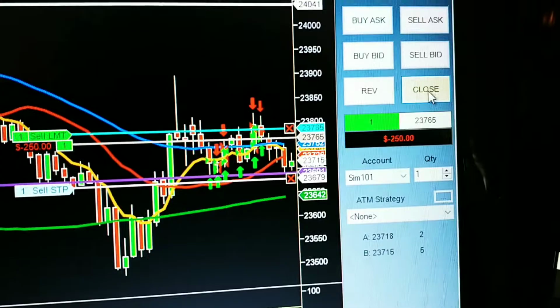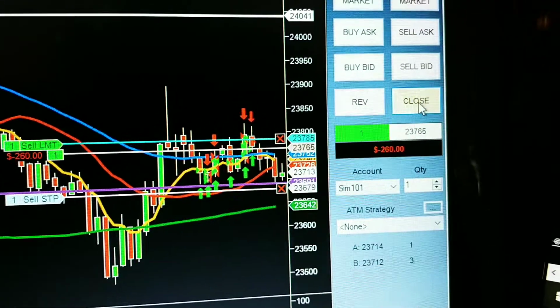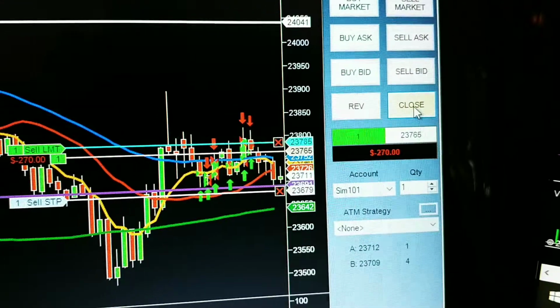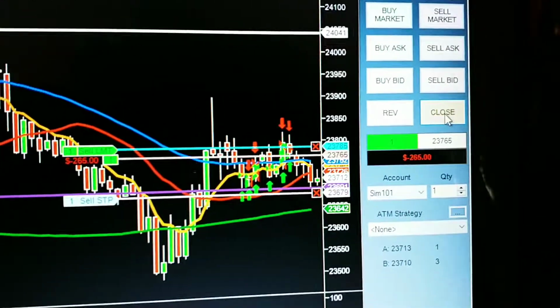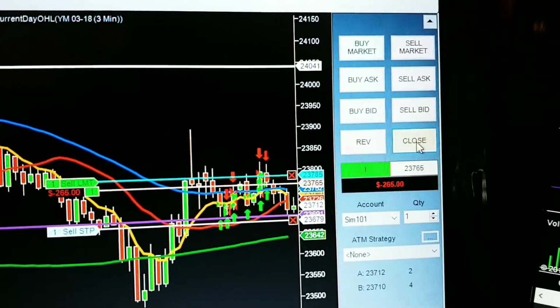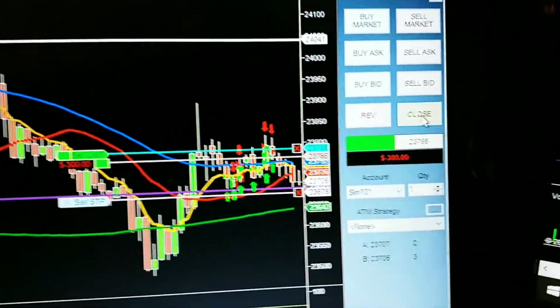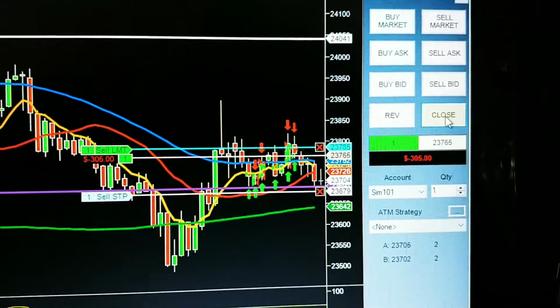This is the futures market. This is the E-minis, the E-mini Dow and the E-mini Nasdaq. In our group at 4D Traders Institute, we trade several markets. We trade the E-mini Dow, the E-mini Nasdaq, the E-mini S&P.